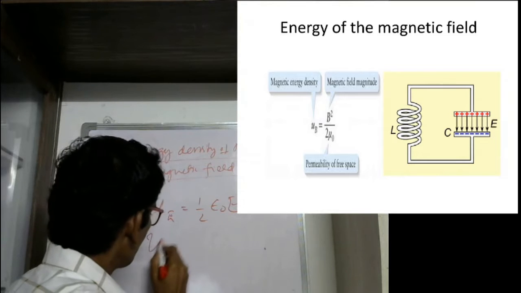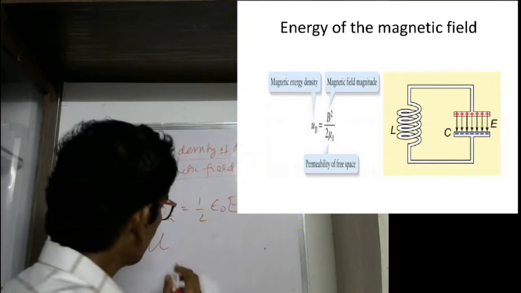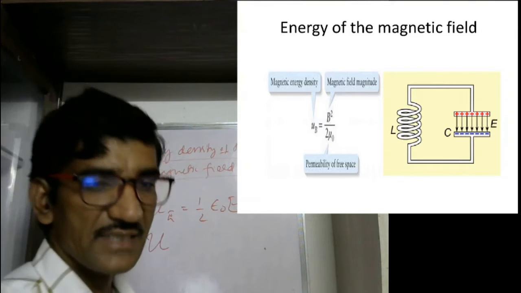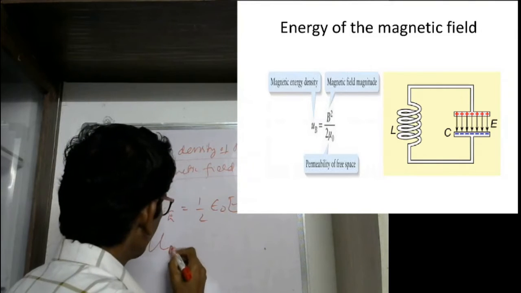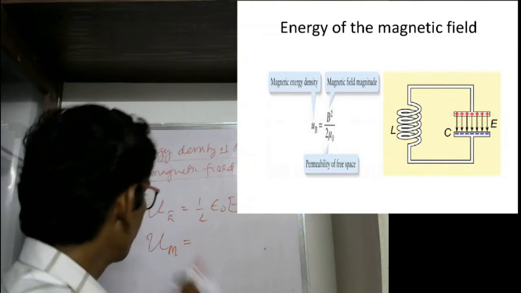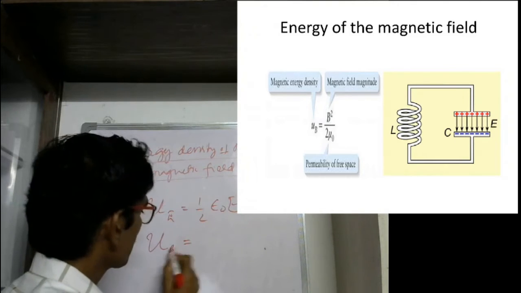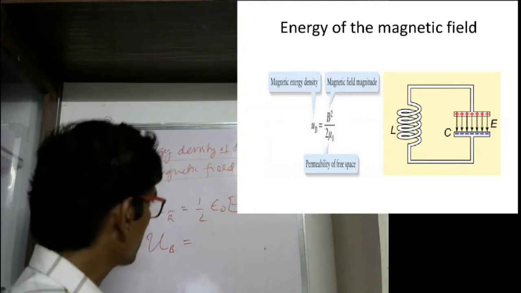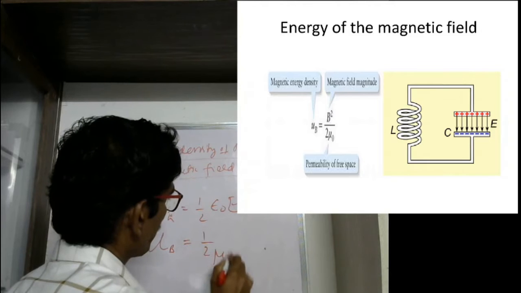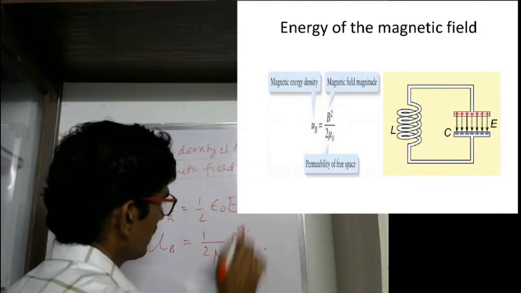What about magnetic energy density? Wherever there is a magnetic field, then you have magnetic energy. U magnetic, or you say U_B. Just write B, because it depends on B. It is 1 by 2 mu naught B square.